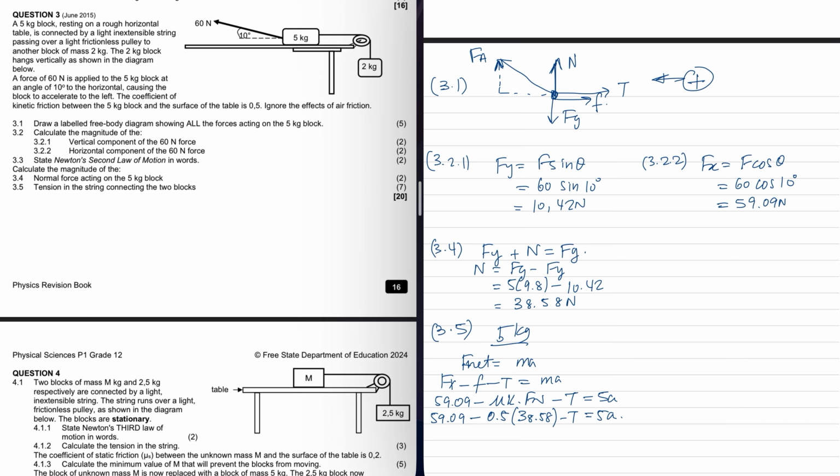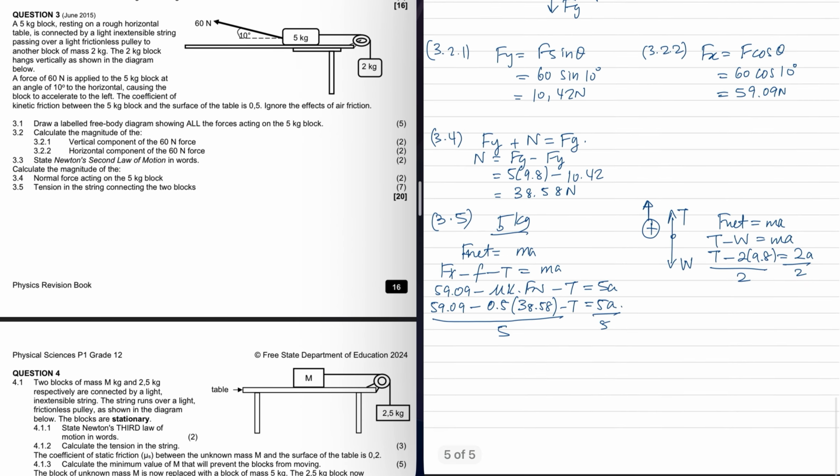Then we'll apply it for the 2 kilogram block. Remember, the 2 kilogram block simply has two forces acting on it, one being tension and one being the weight. And if you're choosing up as positive here, for the 2 kilogram block, we're going to have F net equal MA. Tension minus weight is equal to MA. So tension minus the weight is going to be 2 times 9,8. That's equal to 2A. Now you can divide this by 2, divide that by 2, divide this entire thing by 5, and that entire thing by 5.